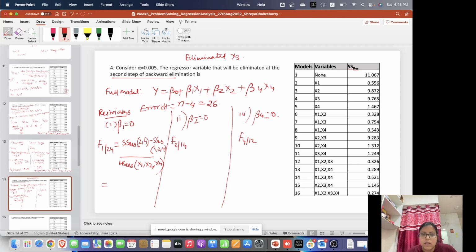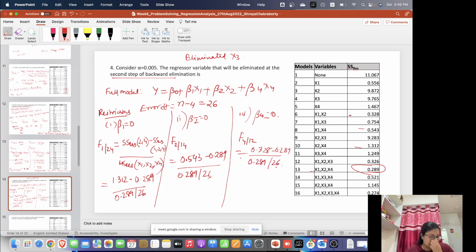Putting the values, SS residuals 2, 4 is this one, 1.312 minus 1, 2, 4, meaning this one, 0.289 by 0.289 by 26. Similarly here it would be 1, 4, that means 0.543 minus 0.289 by 0.289 by 26, and in this case it would be 1, 2, that means 0.328 minus 0.289 by 0.289 by 26.